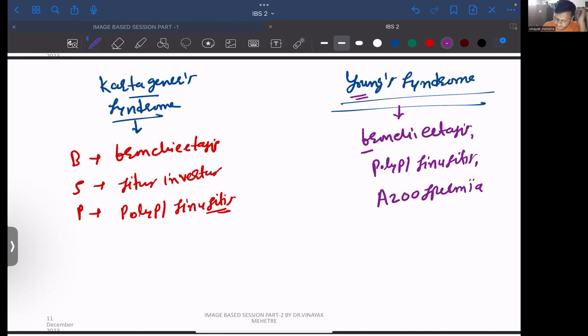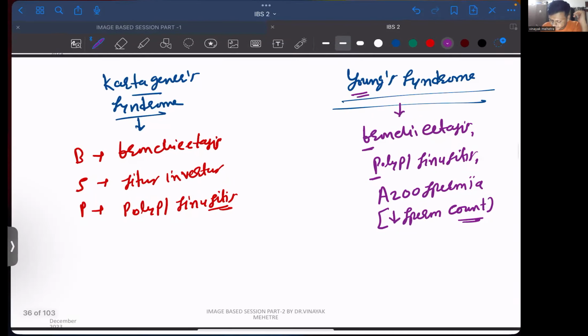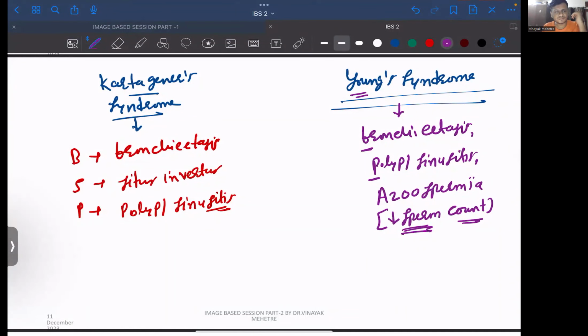Decrease in sperm count. अब इसका मतलब ये नहीं you are doing masturbation more, still तुम्हारे पास sperm है, you have sperm, right?